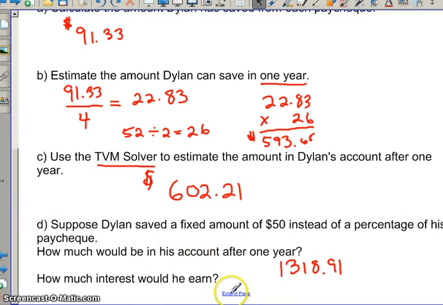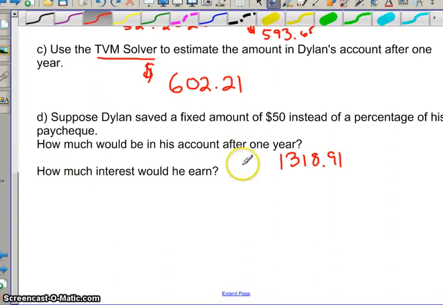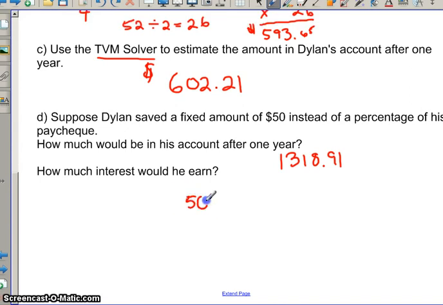And then the next question asks about how much interest he's actually going to earn. Well, to figure out the interest, what we have to do is just figure out how much he actually put in. Once we figure that out, we know that anything that's extra is the interest that was added on. So he put in $50 each time, and he did that 26 times.